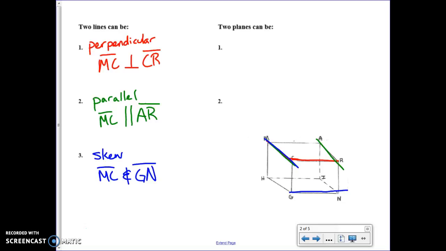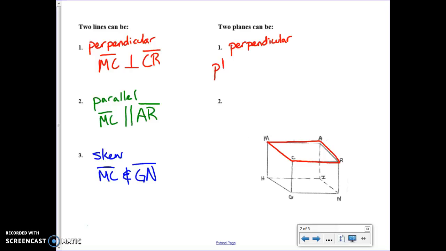So MC and GN, and we don't have a symbol for skew, so I just put an N symbol there. All right, similarly, two planes can be perpendicular. So I'm going to erase this so we can draw on here. Two planes that are perpendicular. Well, if I look at the top of the box, again, remember that when we name planes, we name them with 3 points.